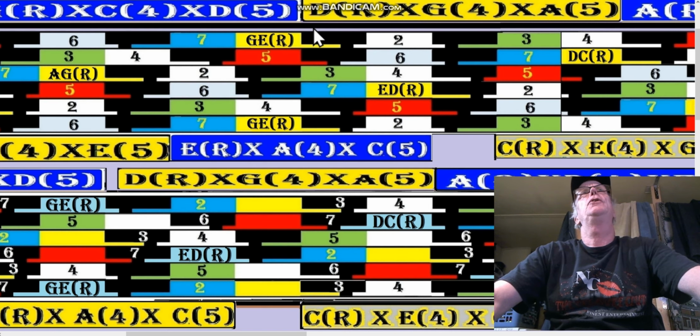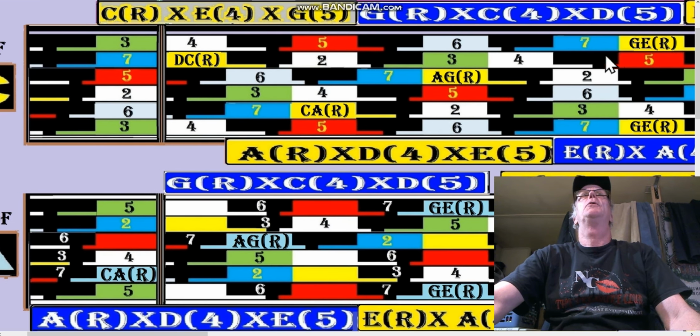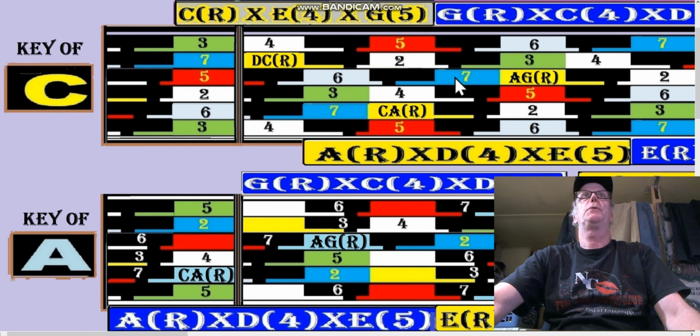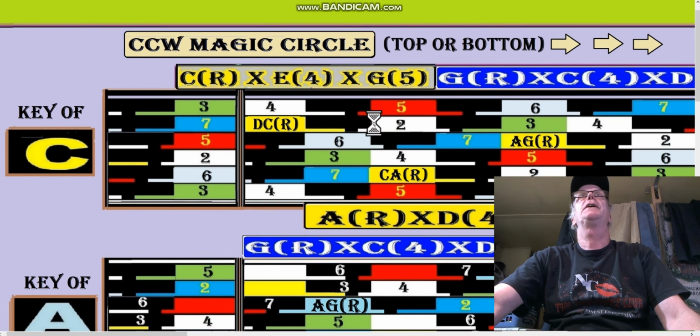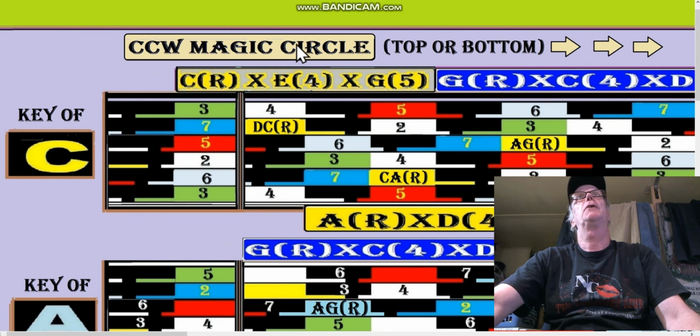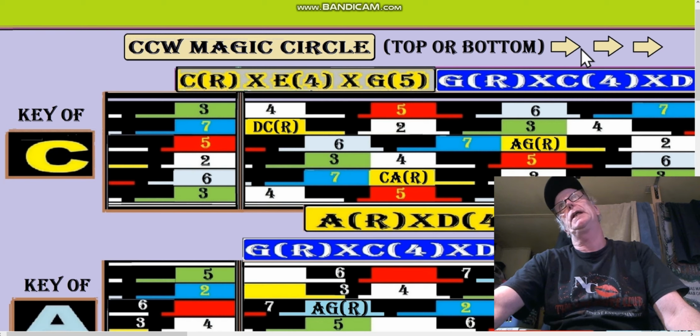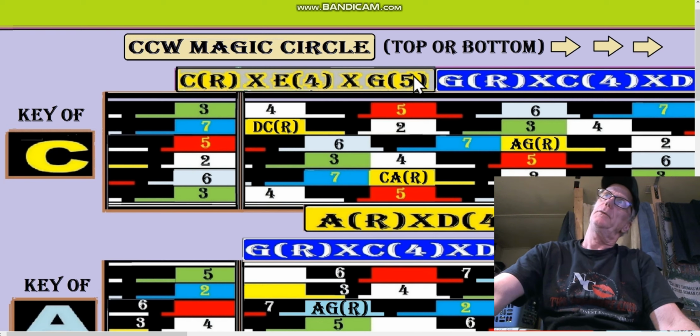So that's notable. That's why it says counterclockwise magic circle, top or bottom, going that way. My head went the wrong way.